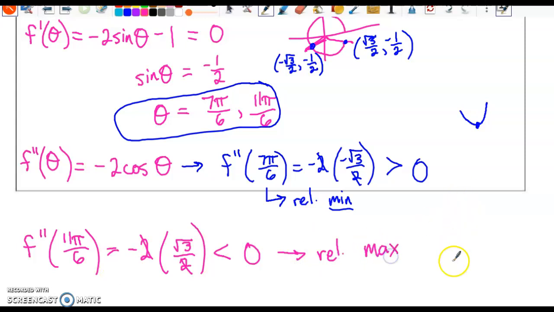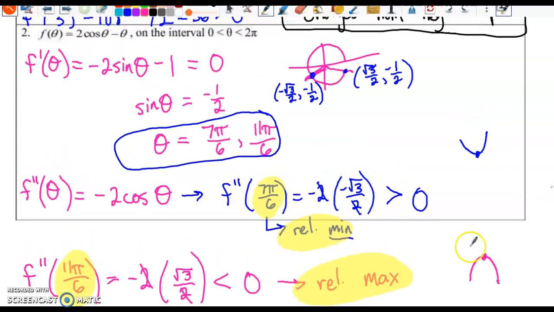Again, if you watched it from the earlier video, a negative second derivative is concave down, so that must happen at the top of the curve, making it a max. So I probably should have highlighted or written out, if for some reason they ask for the ordered pair, you would have to go back to the original problem. So like, for instance, if they ask for what the y value is of the relative max, you'd have to go back up here.